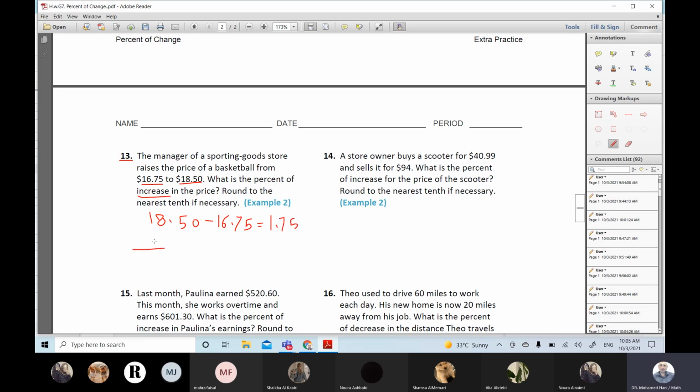Then we can use the rule. The part will be 1.75 divided by, who can tell me here what is the basic number? What is the original number? 16.75. Great.